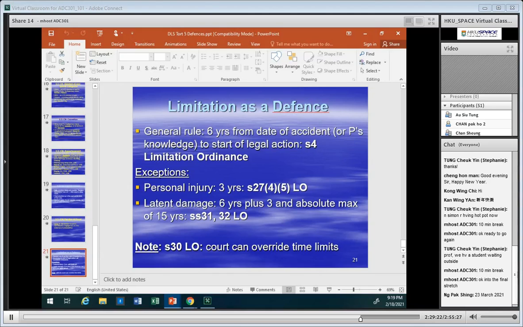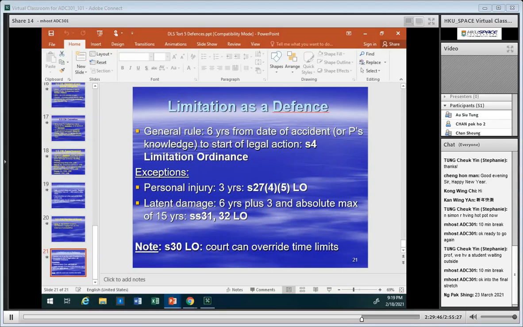There are other provisions dealing with situations in which the damage is not clear at the start, so-called latent damages cases, where the time period is 6 years plus 3, and an absolute maximum of up to 15 years, covered in sections 31 and 32 of the limitation ordinance. Should know, not must know.